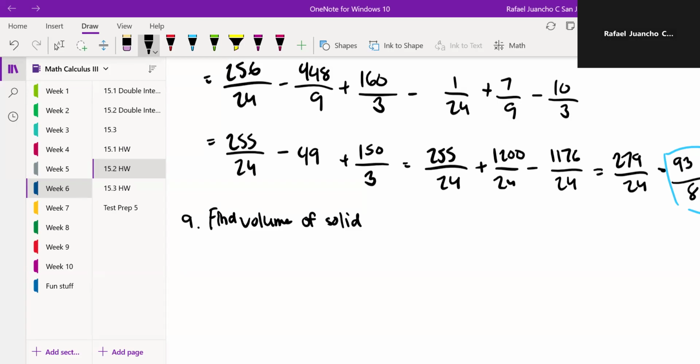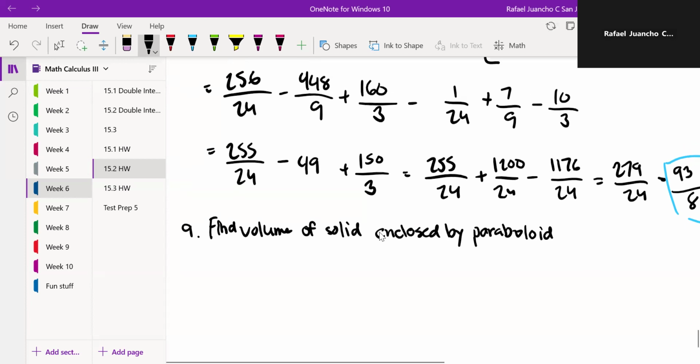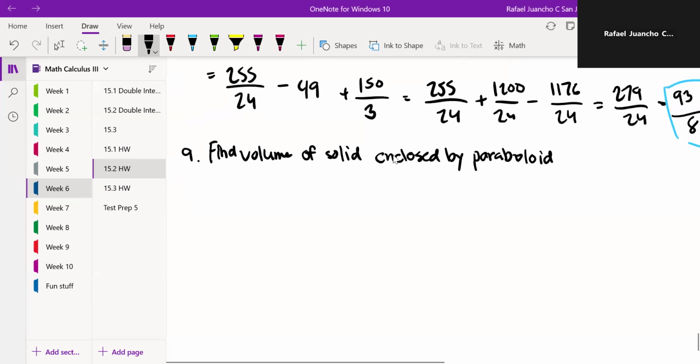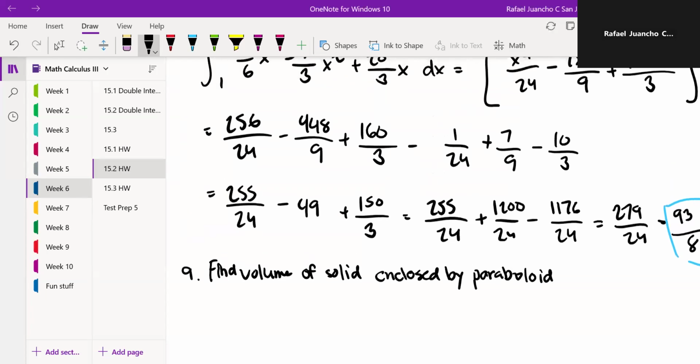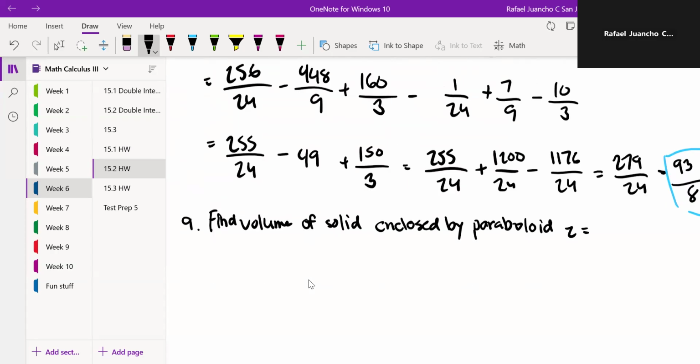So we want to find the volume of the solid enclosed by the paraboloid. And this paraboloid has an explicit equation for z, rather: x squared plus y squared plus 1.